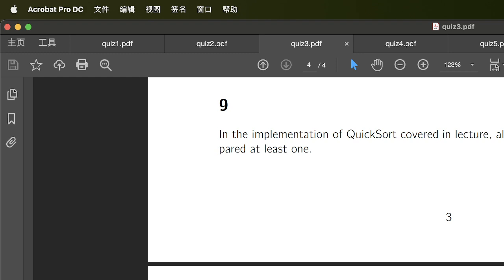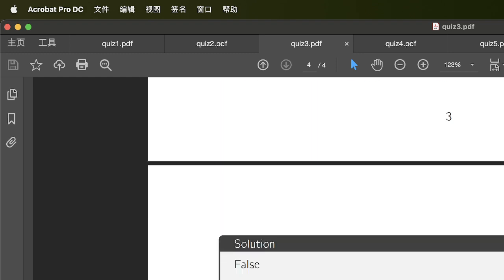So the elements in the left part can be compared with each other, and the elements in the right part can also be compared with each other, but the elements in the left part will not be compared with the elements in the right part, right? So actually each pair of elements gets compared either 0 or 1 time. So not always at least 1, so this is false.